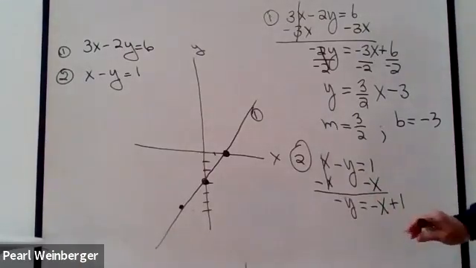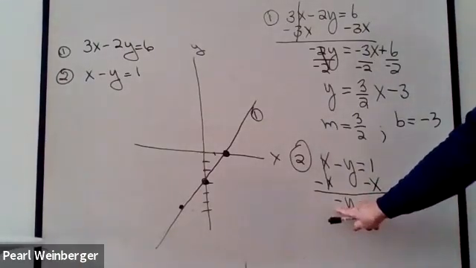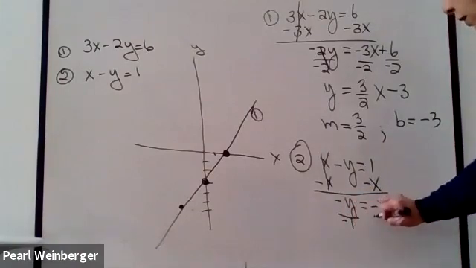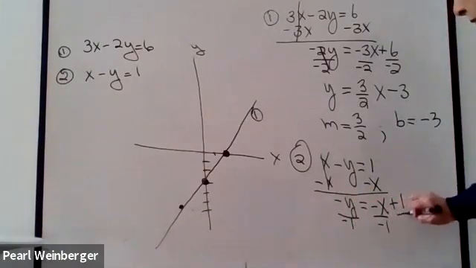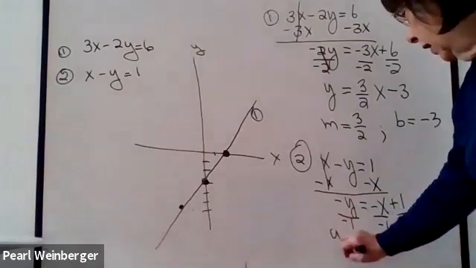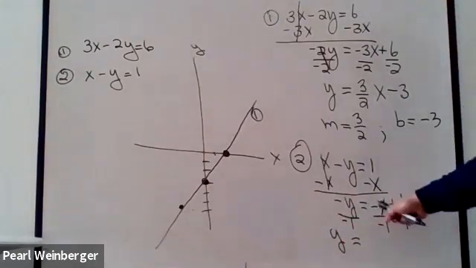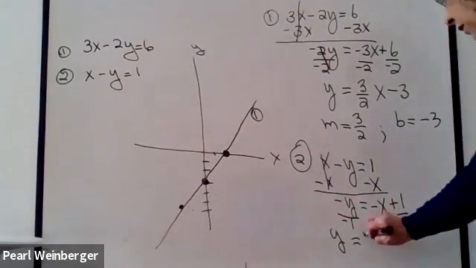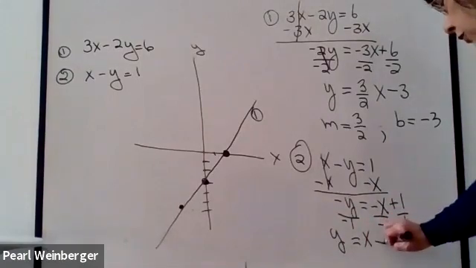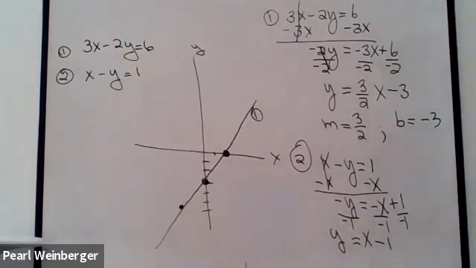And I'm not finished, because there's a negative in front of the y, which means the coefficient of y is negative 1. So I have to divide everything by negative 1, which ends up giving me y equals, well, negative over negative is positive, so it's positive x, and 1 divided by minus 1 is minus 1.